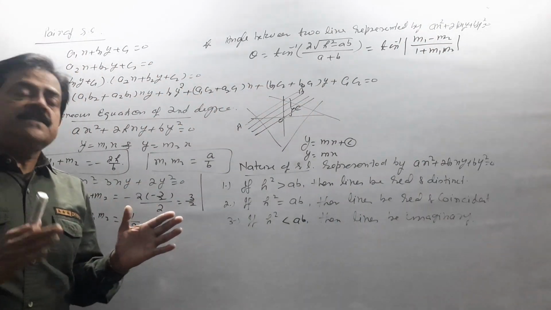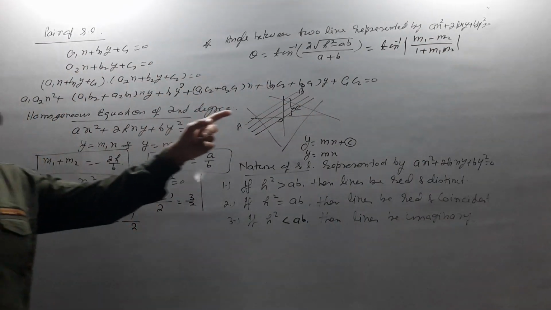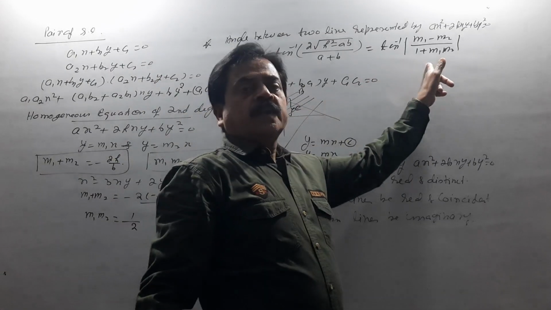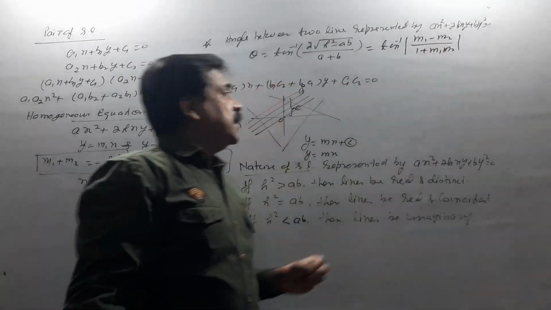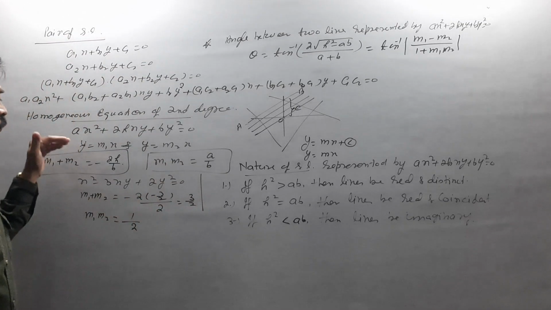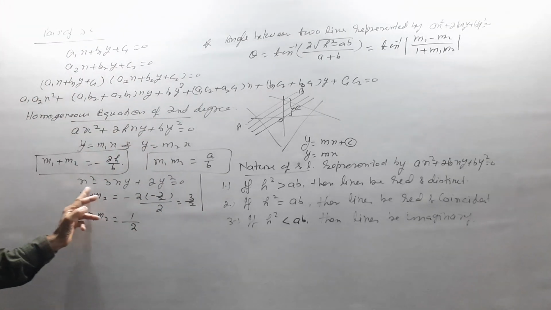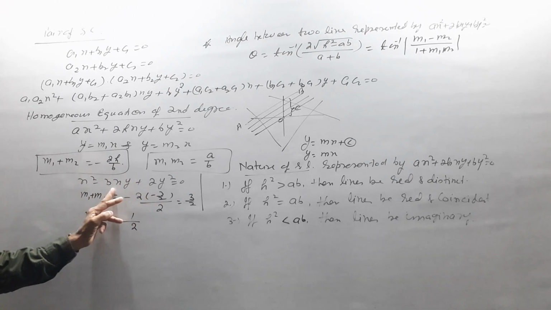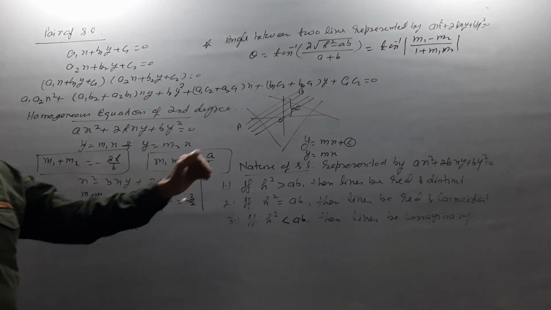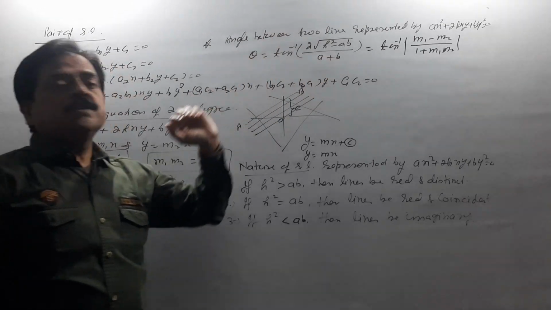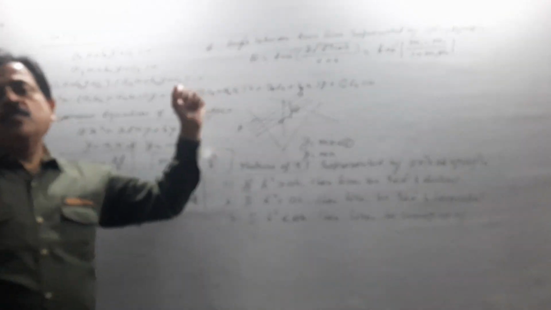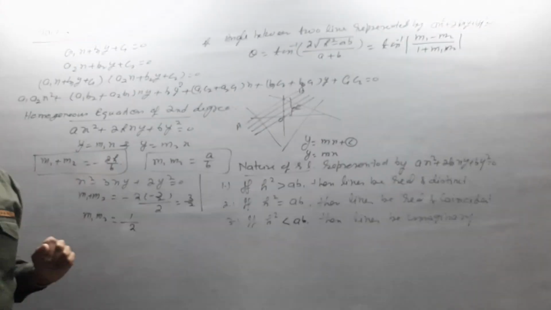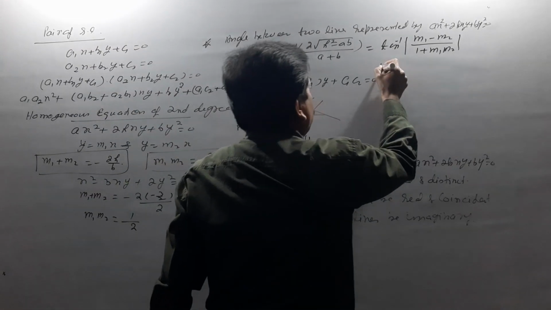If two separate lines are known, then we may use this formula, where m1 and m2 are slopes of two lines. And if we have no two separate lines, only a pair of straight lines like this, then find a, b and h from this and substitute the values of a, b and h in this formula to find the angle between lines.